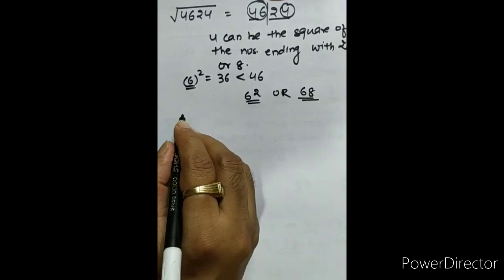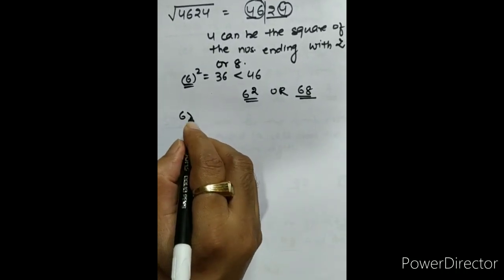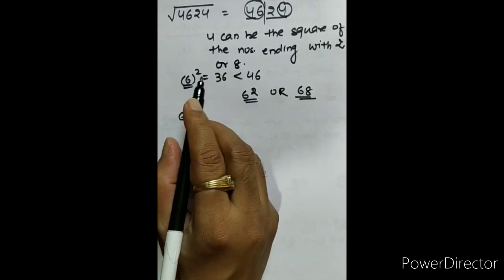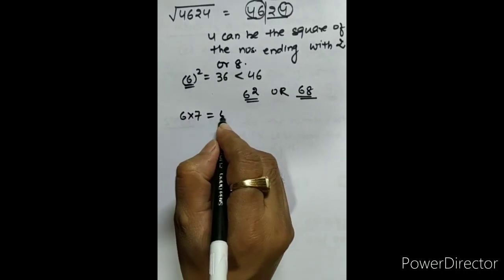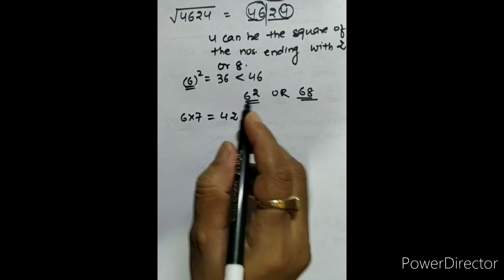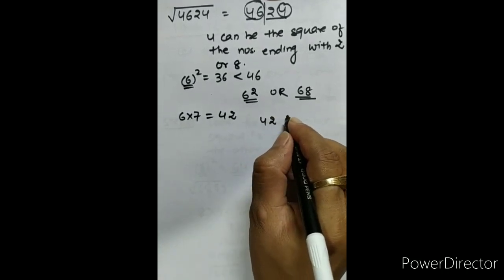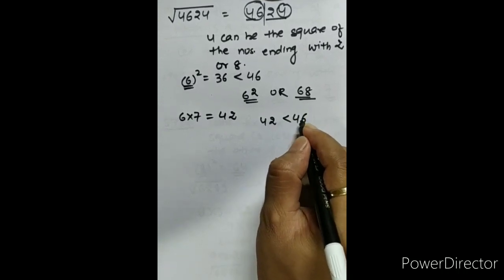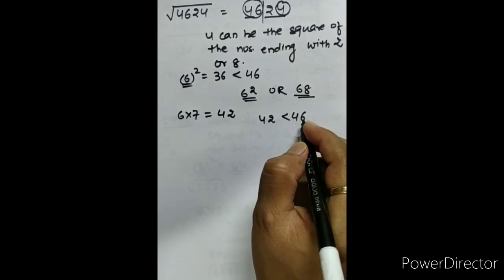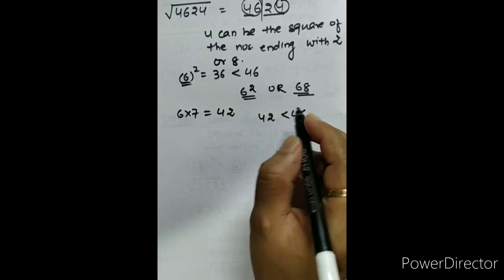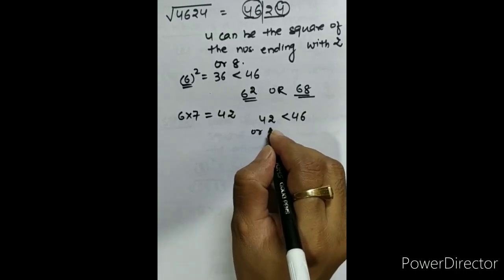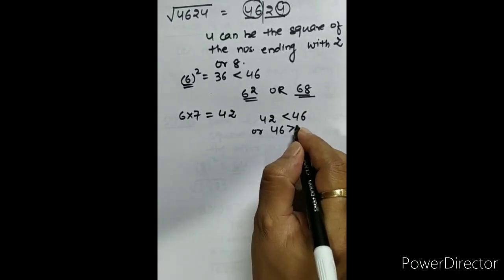Now to verify, I am going to multiply number 6 with its next number, that is 6 into 7, 42. Is 42 less than 46? 42 is less than 46, or I can say 46 is greater than 42.